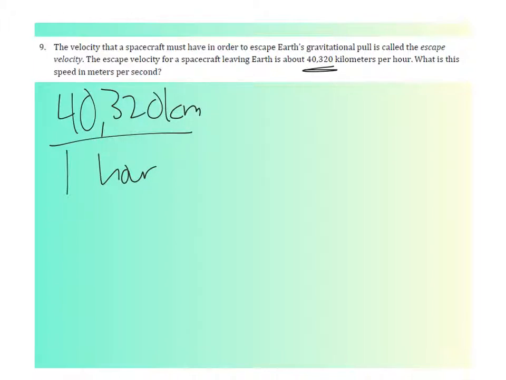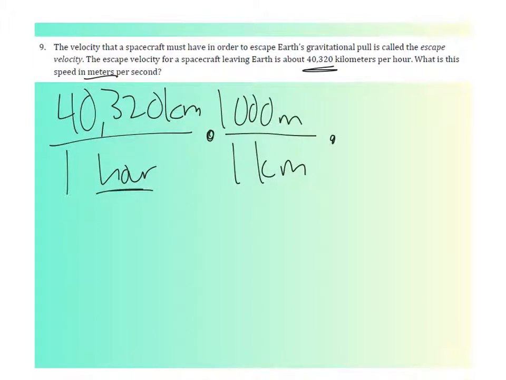So now you're going to go backwards, and you're going to break this apart. So realize that 1 kilometer, and you're trying to get to meters, is 1,000 meters. Then you're trying to go from hour to second. So now 1 hour is 60 minutes.